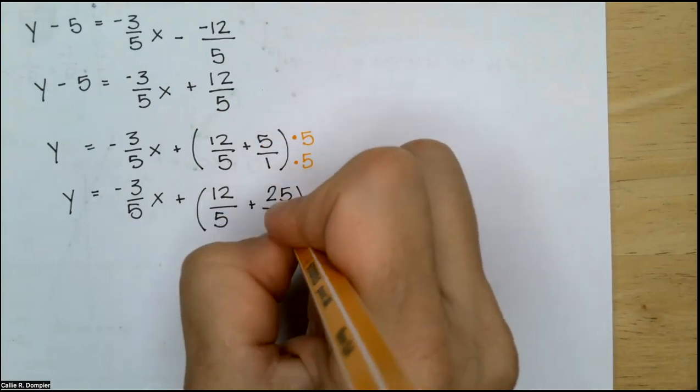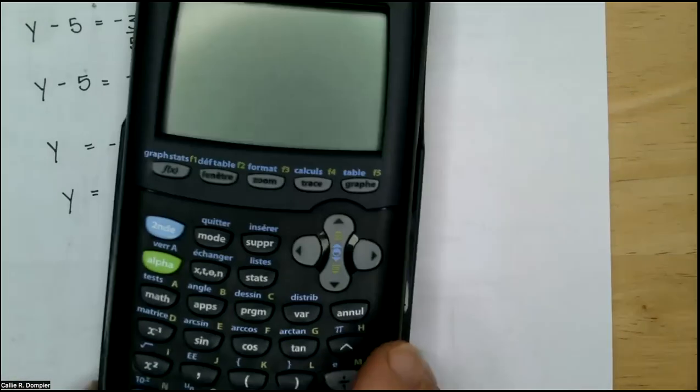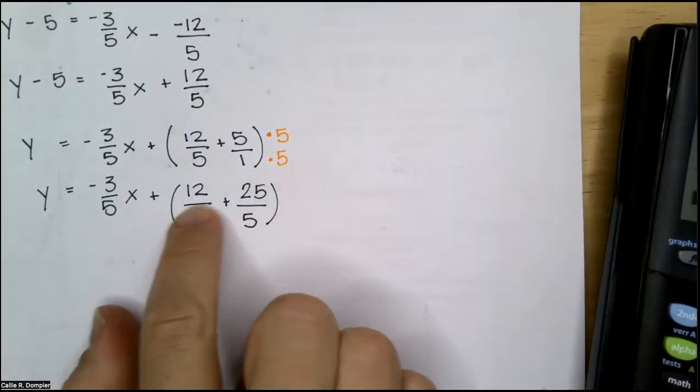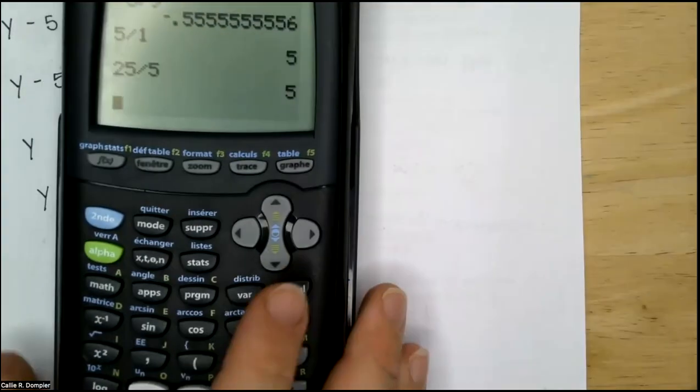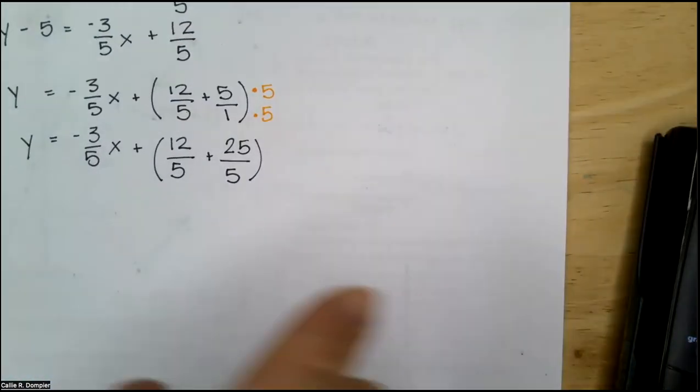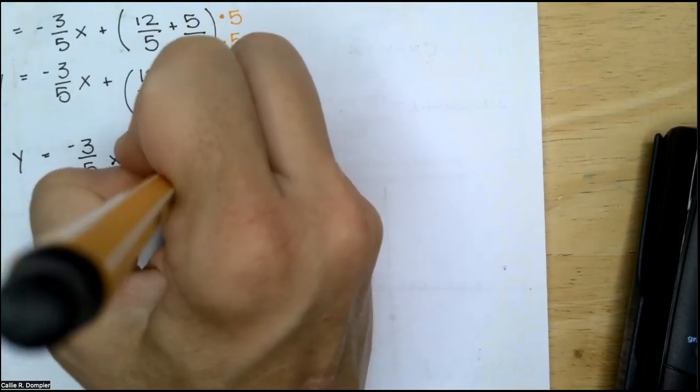So 5 over 1 becomes 25 over 5. Let's just make sure that's true. They both equal 5, right? Now I can add straight across 12 and 25. 37. Good. So now I have y equals negative 3/5 x plus 37/5.